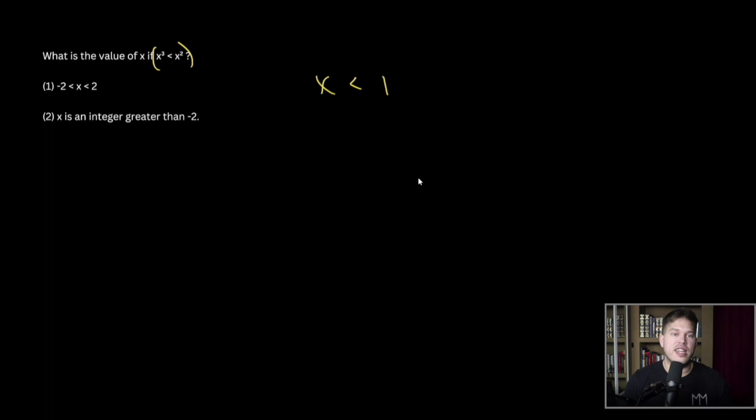Or if X is negative, then a negative value cubed is still negative. However, a negative value squared would be positive. So X must be less than 1. And we also should note that we need to exclude 0 because if X is 0, of course, 0 cubed is equal to 0 squared.